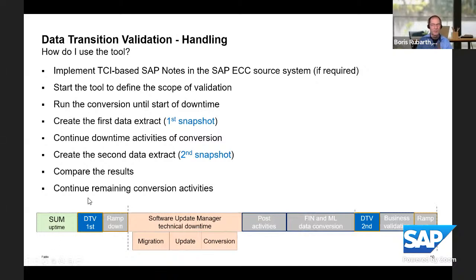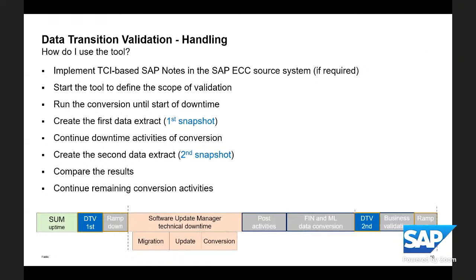So the essential part for me is that the first extract is executed when all the end users are no longer in the system. If there are no changes on the business data, then you do the first extract. If there would be change of business data after the first extract, then you would have a mismatch. Hopefully that hits the question. Yeah, it seems then you can't continue business operation until downtime.